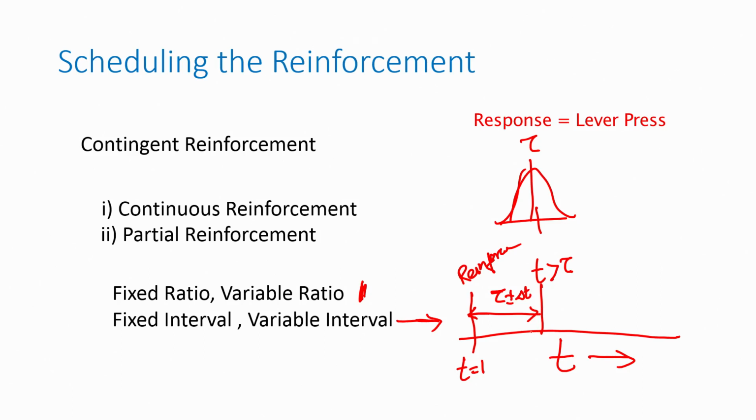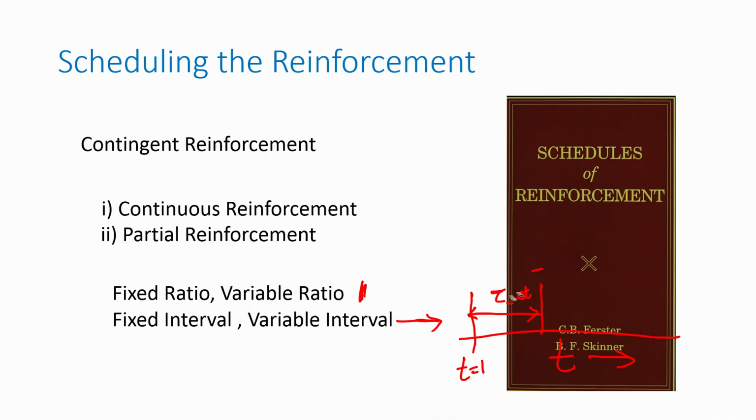Now, apart from giving names, do these different scheduling paradigms matter? Clearly, if they did not have any effect, we would not be discussing them, and in fact they had such a profound effect that, as I told you, Skinner had to come up with the book Schedules of Reinforcement, written with Ferster.